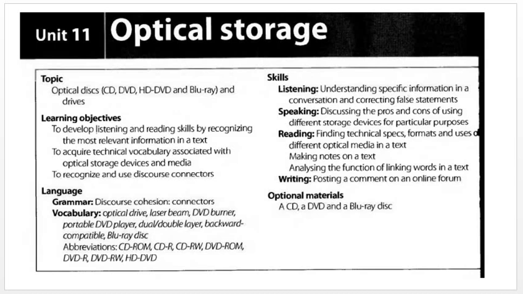In the listening section, we have understanding specific information in a conversation and correcting a false statement. In the speaking section, discussing the pros and cons of using different storage devices for particular purposes. What's the meaning?